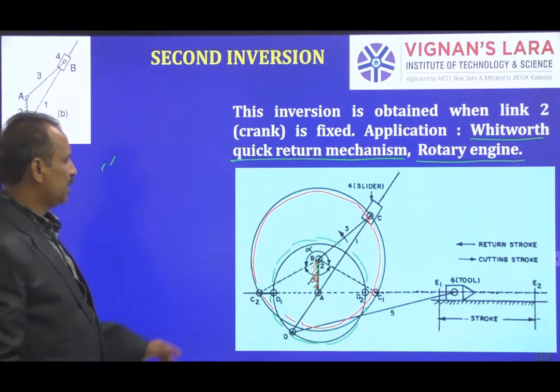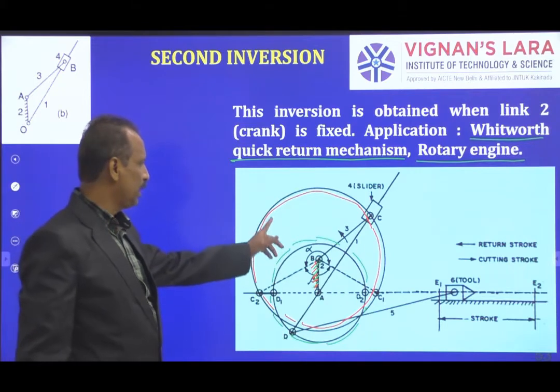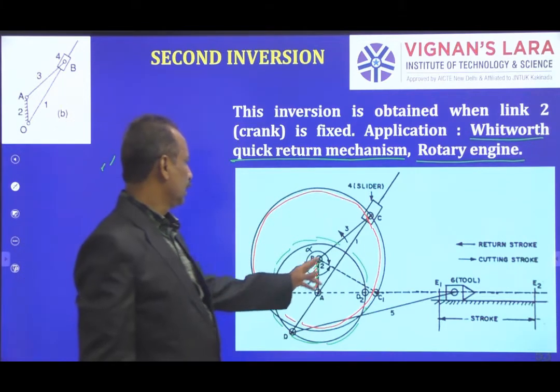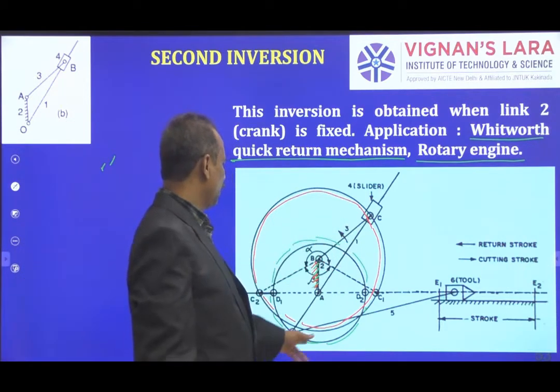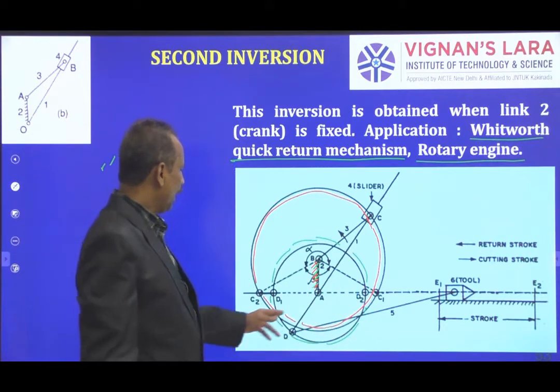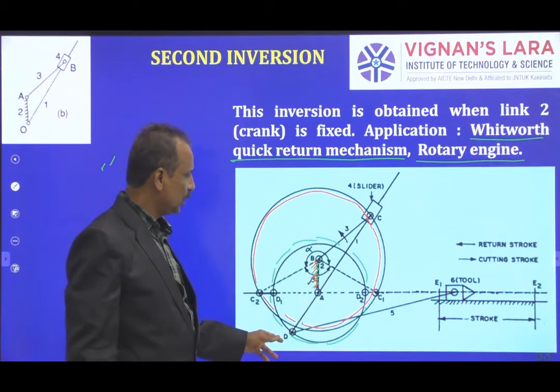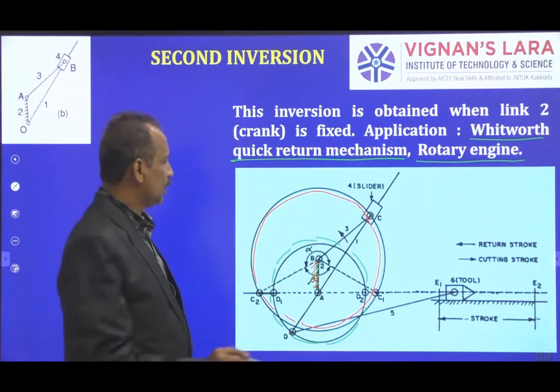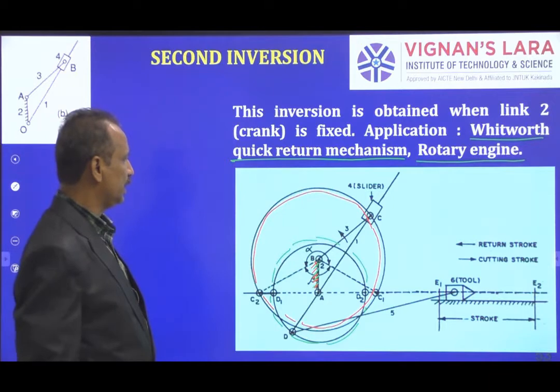I have distinguished one with a green color and one with a red color: the third link forms a red circle, and the link 1 extension forms another circle, shown in green. So what is happening, let us see here.